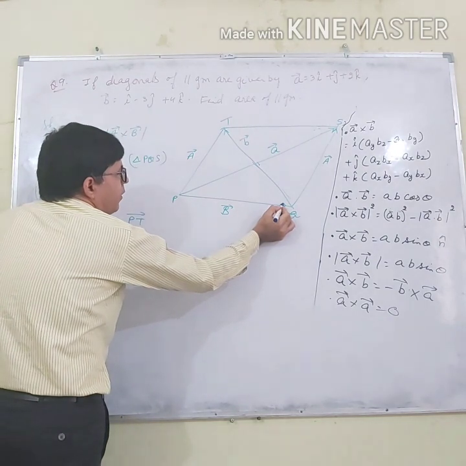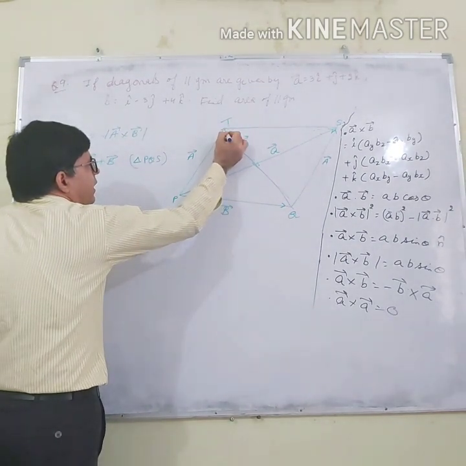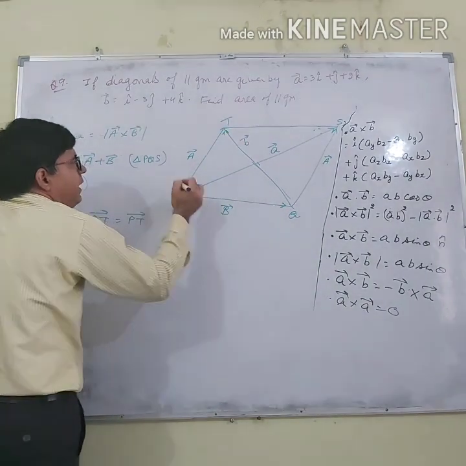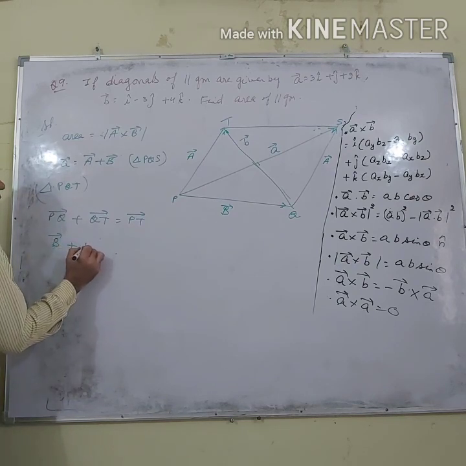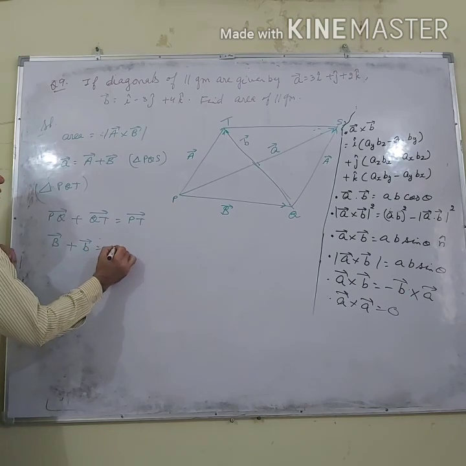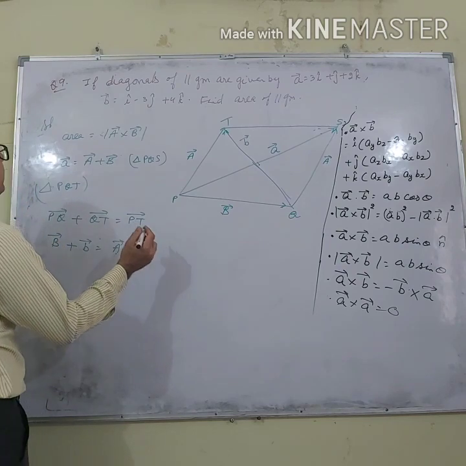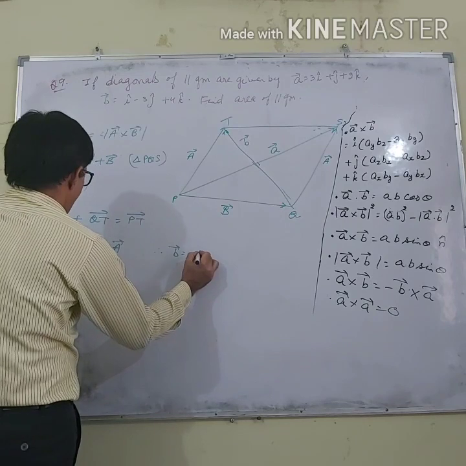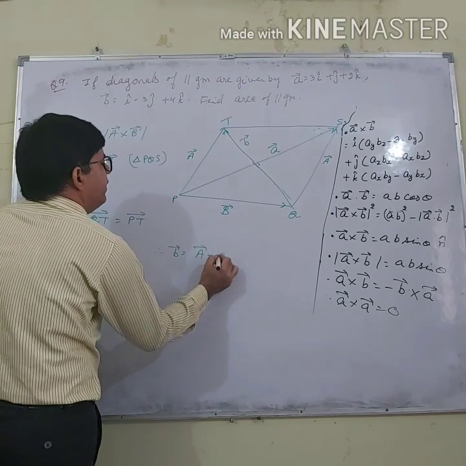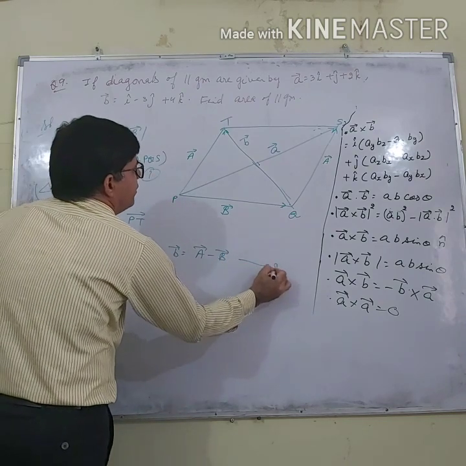Same order means the arrowhead and tail are meeting, and opposite order means tail, arrowhead, tail. So what is PQ? Vector capital B. And what is QT? Vector small b. And what is PT? Vector A. So I can say that vector B equals vector A minus vector b. This is 1, this is 2.